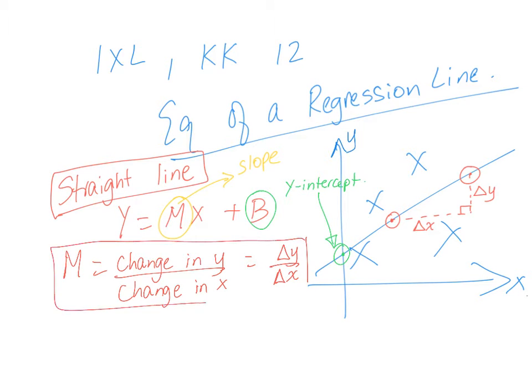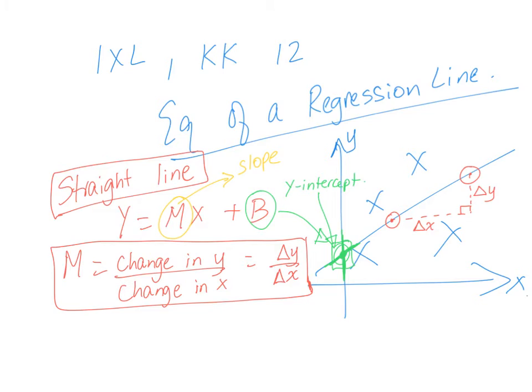If you can figure this part out, you'll get half of your equation. Then you just need to find the value of b, which is where the line cuts the y-axis. The intersecting point between the y-axis and the line is b. So you merge both and you get y is equal to mx plus b.